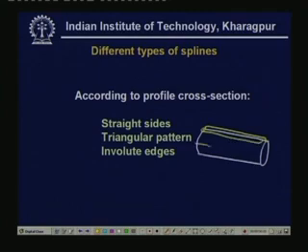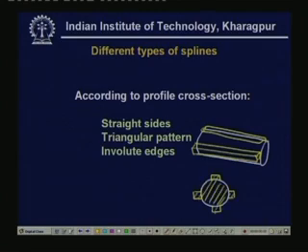So, there are a number of keys here. If you look from the side, maybe it looks like this, and these are all integral parts of the same shaft.